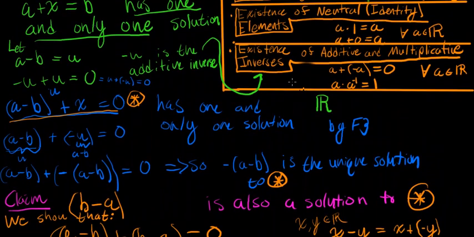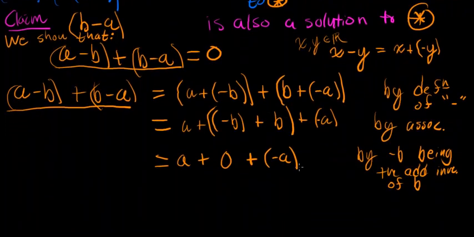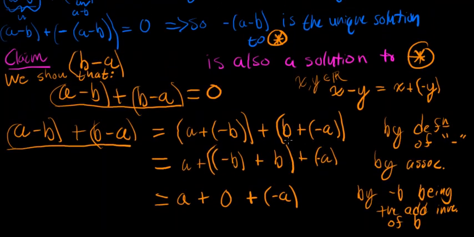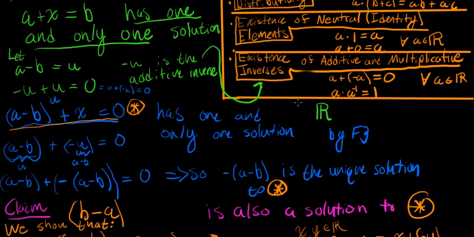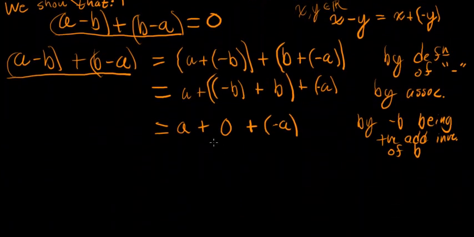In a field, when we add an element plus its additive inverse together, the sum must equal the neutral element, or the additive identity, as it's sometimes called. The additive identity for the real numbers is 0. The multiplicative identity for the real numbers is 1. What I mean by that is the additive identity plus any other element a, where a is in R, is equal to a.